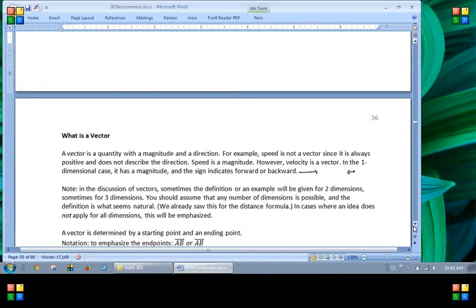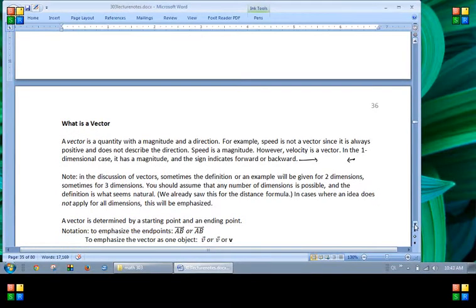From point A to point B with a little arrow. Doesn't that represent a ray? The arrow represents the direction. On the other hand, if you want to emphasize the vector as just one object that has a magnitude and direction, you can just write it like this. Just one letter like V. Mathematicians use V. Guess why? V for vector. A little arrow on top.